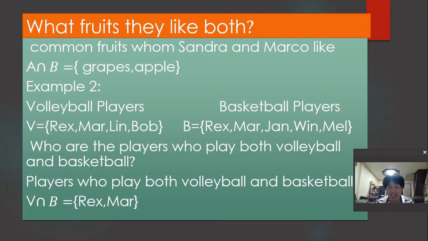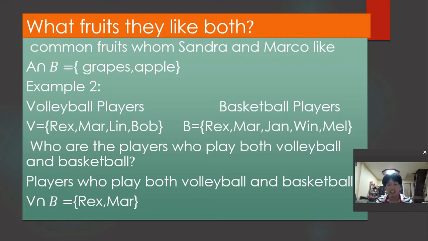on both sets. Now let's differentiate union of sets and intersection of sets. How are we going to answer intersection of sets and how are we going to answer union of sets? In intersection of sets, we will write only the common elements.